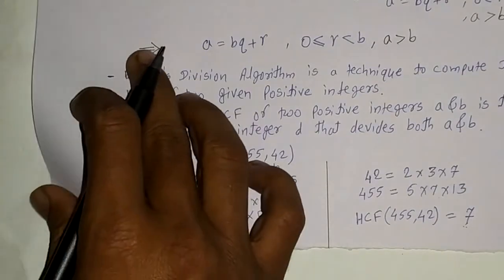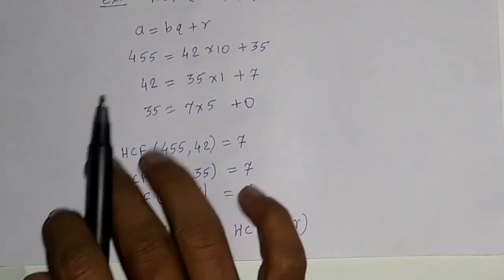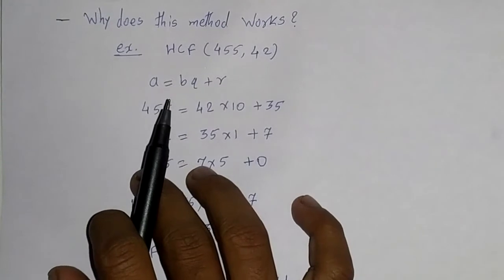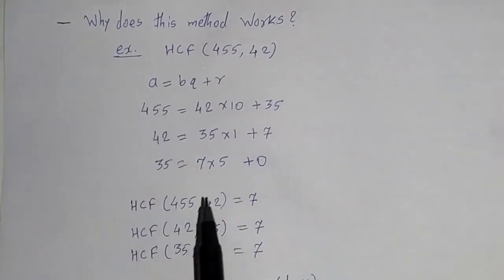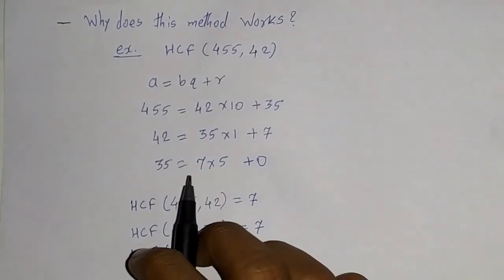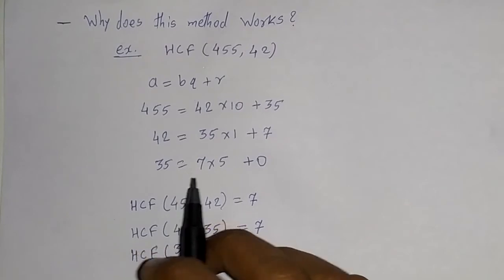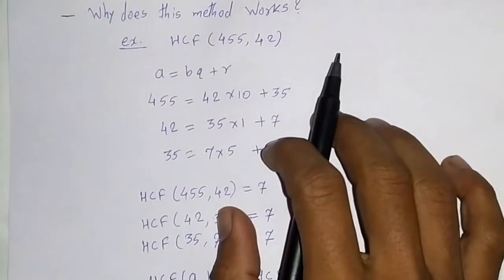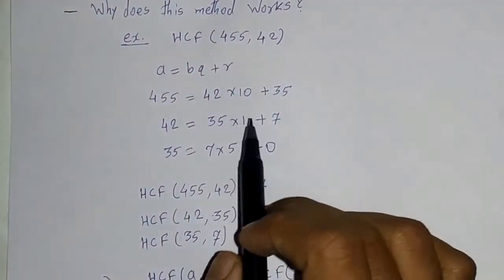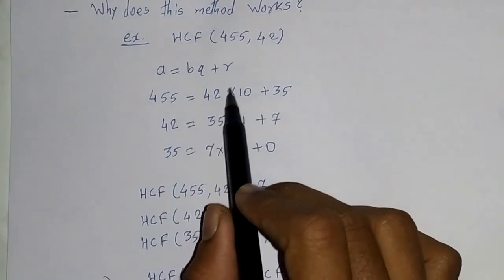So let us again understand this concept in a detailed way. How does this method work? The Euclid's division lemma. Let us once again see the same example, HCF of 455 and 42.